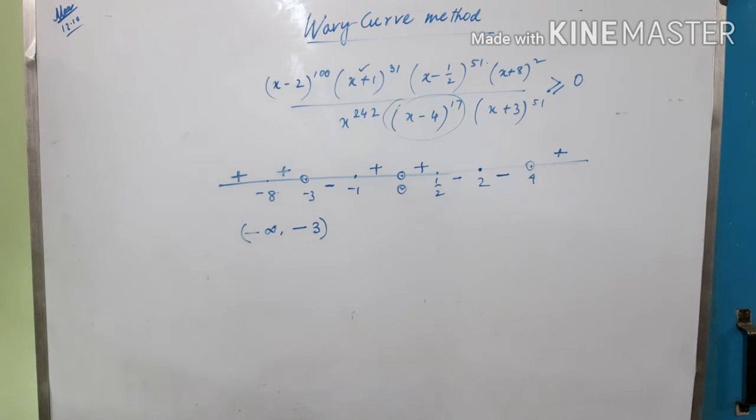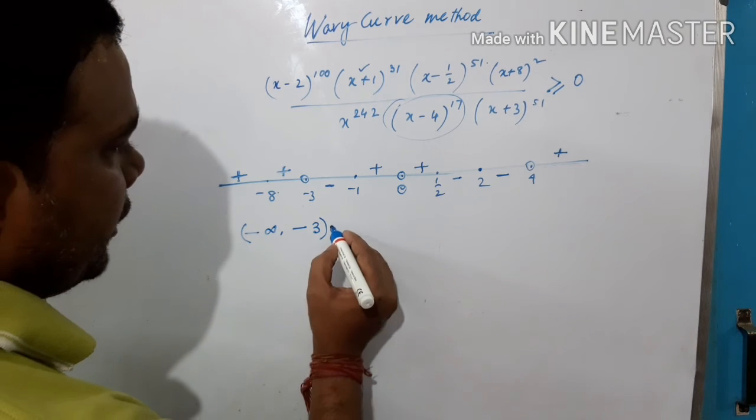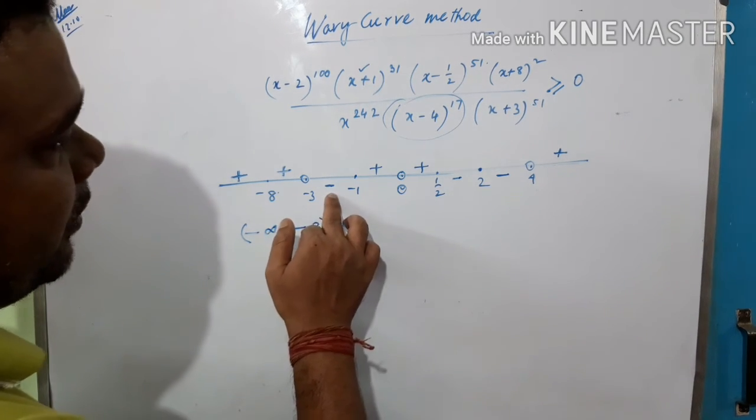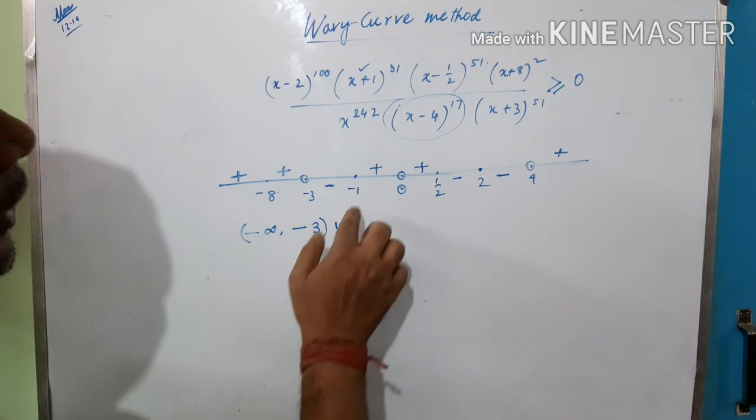And since minus 3 is a pole value, we cannot put a close sign over here, so minus infinity with an open bracket, union. Again you observe that where it is positive, negative and positive, start from minus 1.